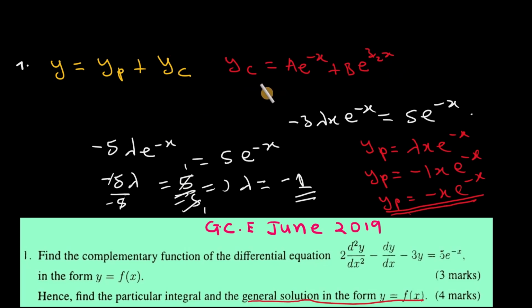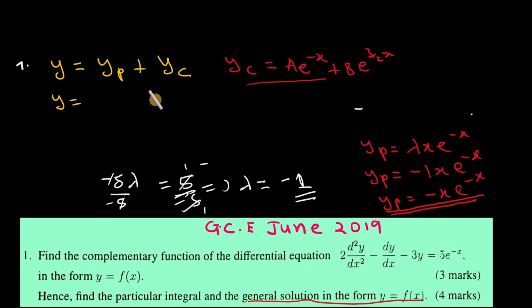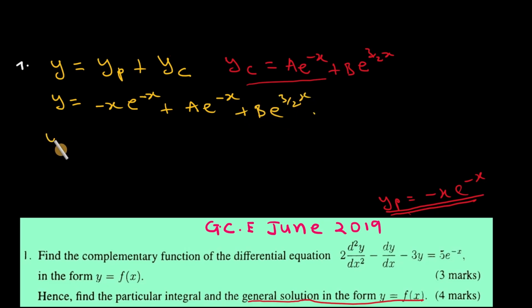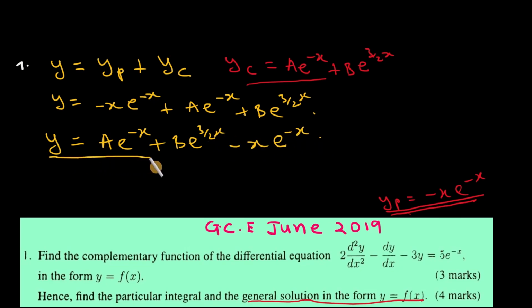So if I substitute this complementary function and this particular integral in this equation, I'll have y equals negative x e to the minus x plus a e to the negative x plus b e to the 3 on 2 x. This is the same as y equals a e to the negative x plus b e to the 3 on 2 x minus x e to the negative x, which is the general solution of the differential equation.